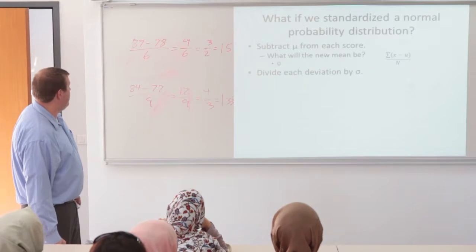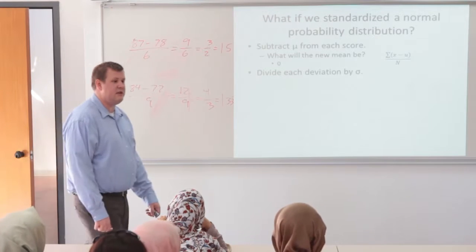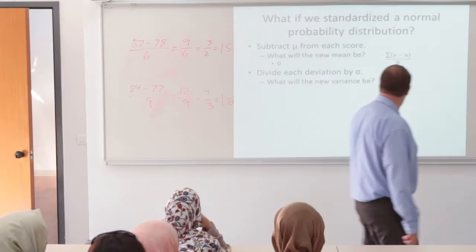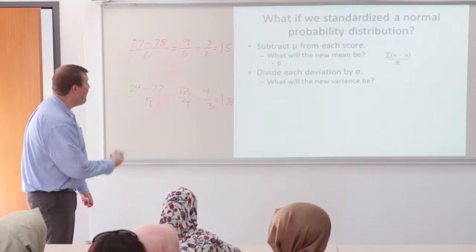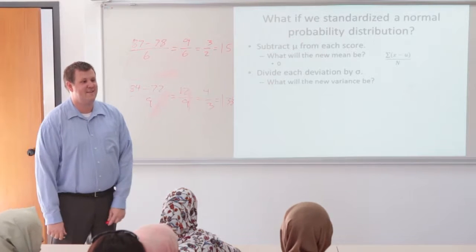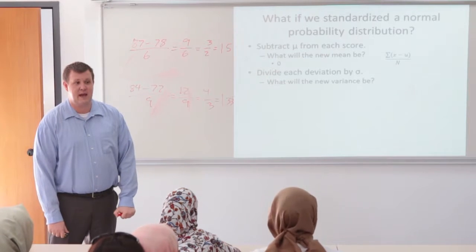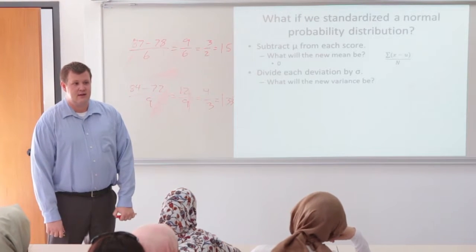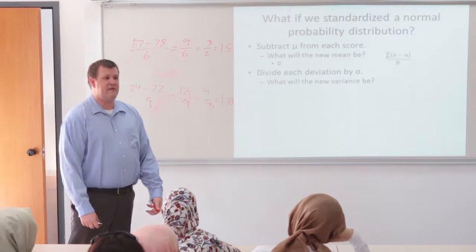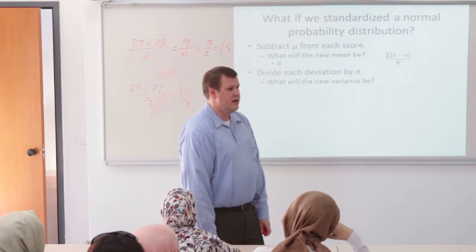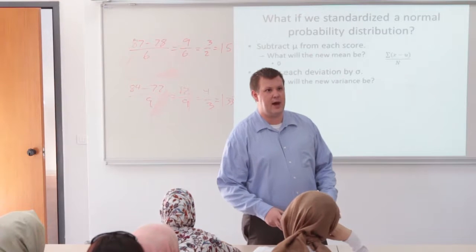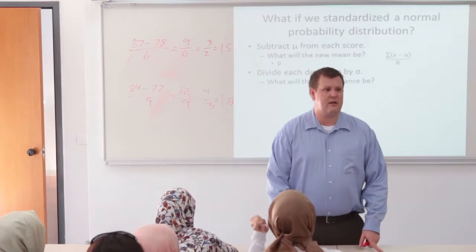All right, now what happens when we divide each deviation by sigma? What will the new variance be? While you're thinking about this, I'm going to reset the camera. The variance before was whatever the variance is, right? Now we're going to divide each deviation by the standard deviation.